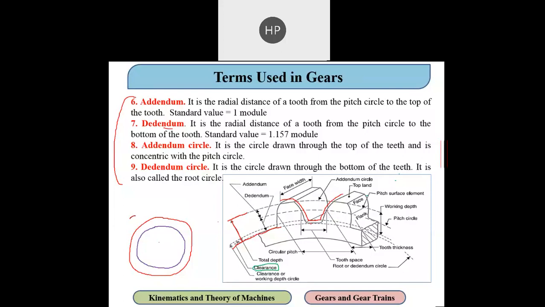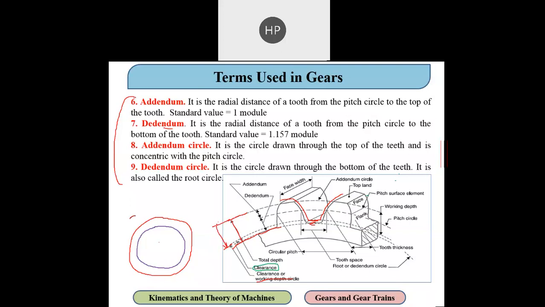It is not going up to here. So this one is known as the working depth. Only this portion is used. So this is the working depth, from here up to this one.